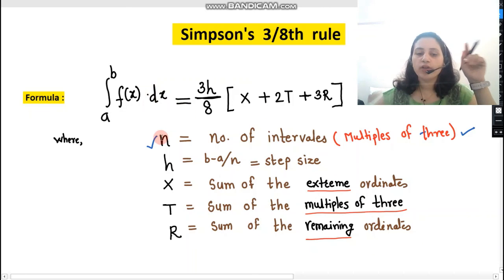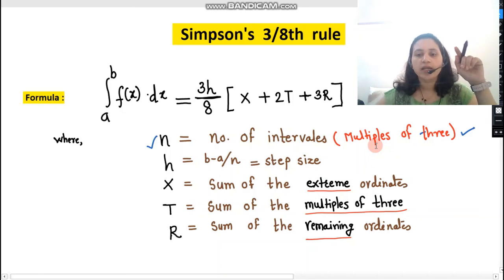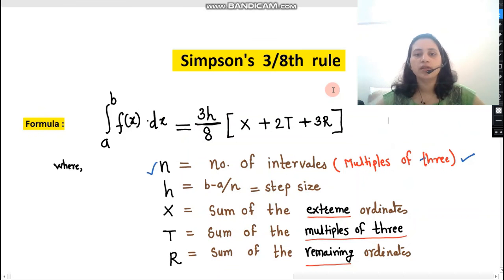Okay. And what is n? n is the number of intervals, and the main condition on the number of intervals is that they are in multiples of 3. Okay. So this is the Simpson's 3 by 8 formula. I hope you can understand Simpson's 3 by 8 formula and all the examples based on this formula. So thank you.